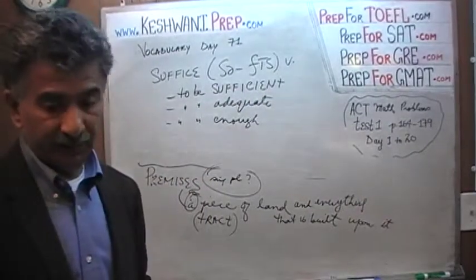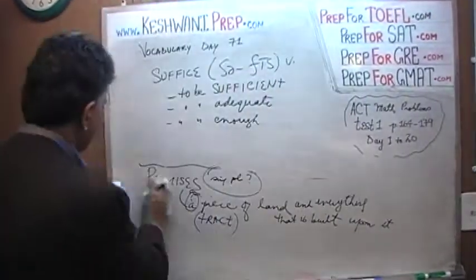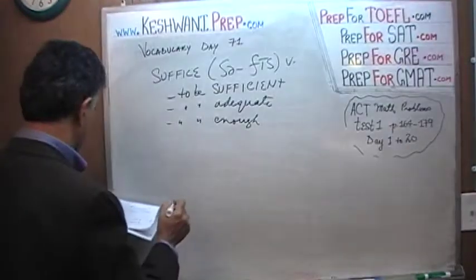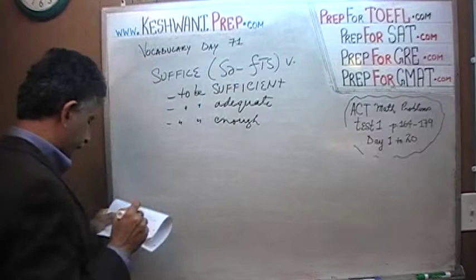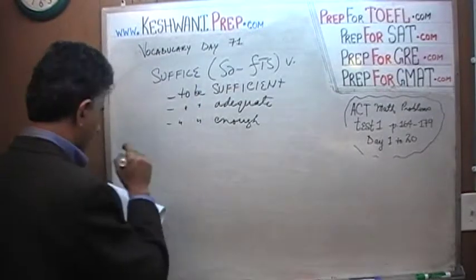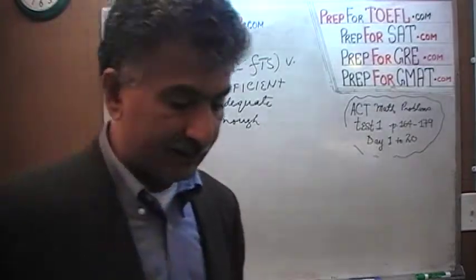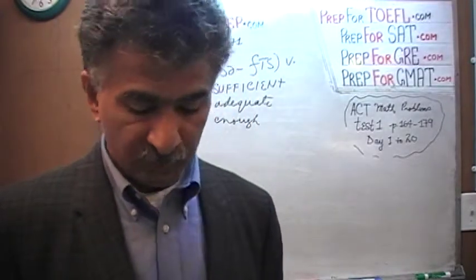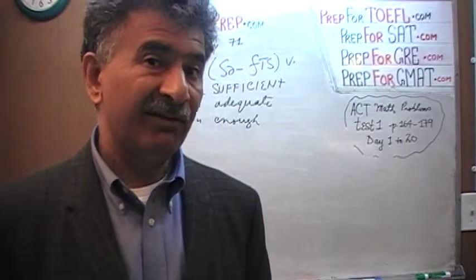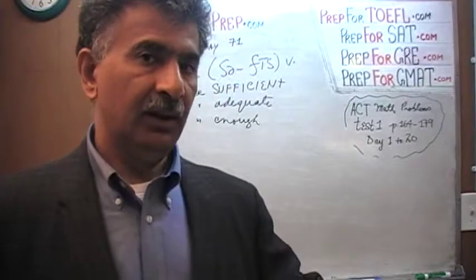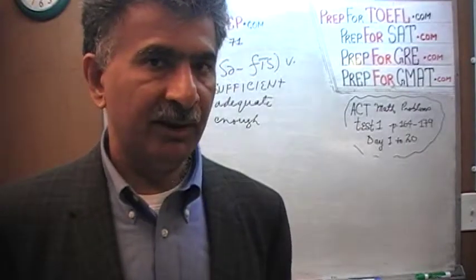Suffice it to say that, let's put a sentence here. Suffice it to say that their financial situation was not quite as sound as they feigned. This particular corporation, this particular company, put out these statements and pretended that they were very sound.